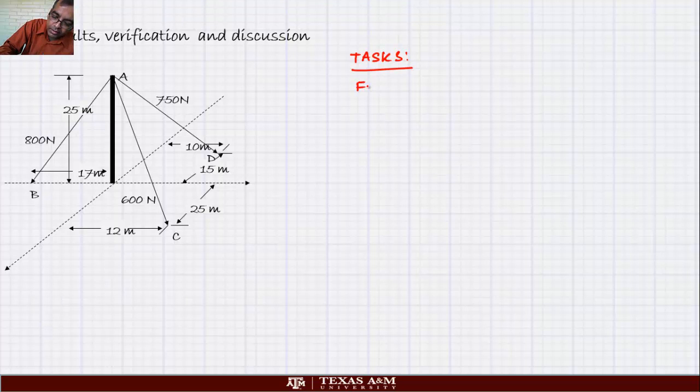Find component. The force itself was, let's see, 37, minus 14, 1671. Direction is minus k direction.